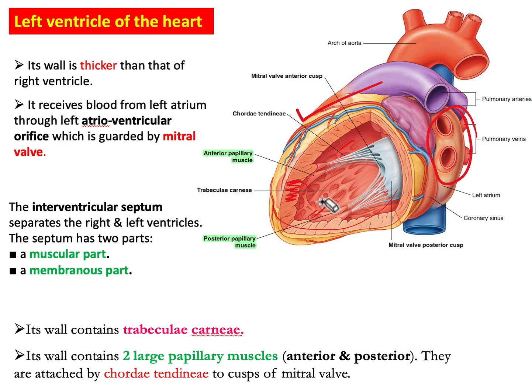So this ventricle has two parts. This one is the rough muscular part, and this one is the membranous smooth part.